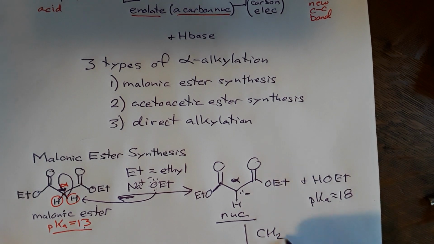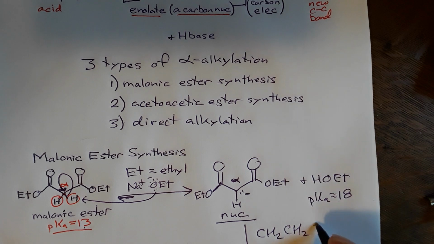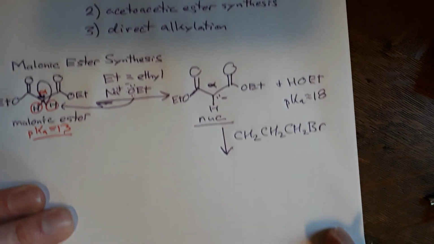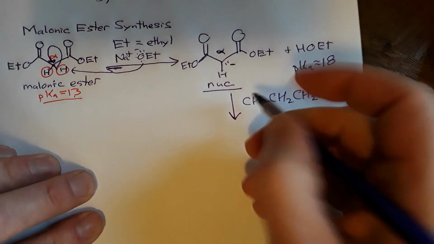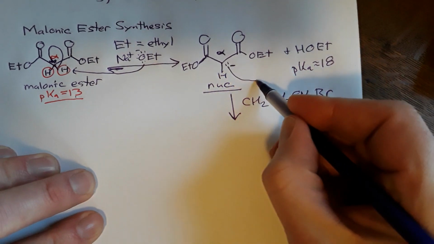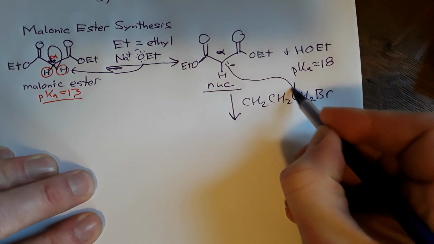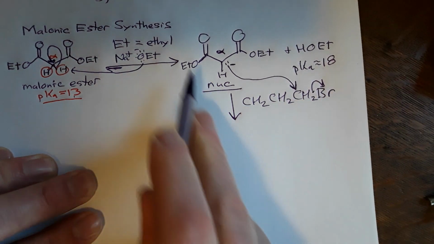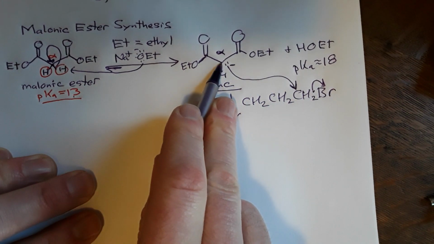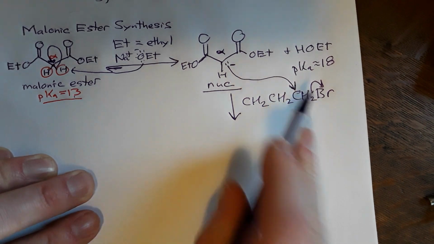And let's just add a specific one. Let's add bromopropane. And so our nucleophile is going to come and add to our partial positive carbon, the one with the leaving group on it, kick out the leaving group, and we're going to form a new carbon-carbon bond between our nucleophile and our electrophile there.